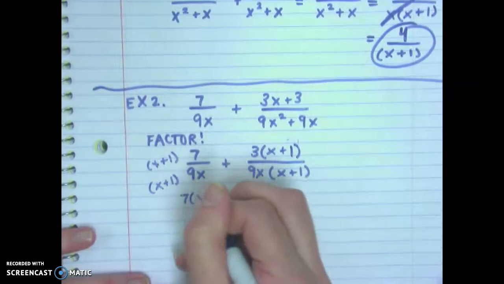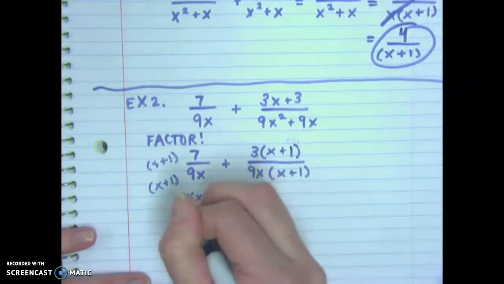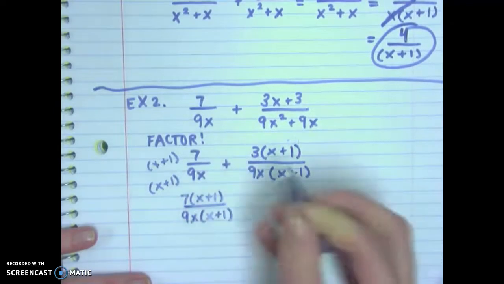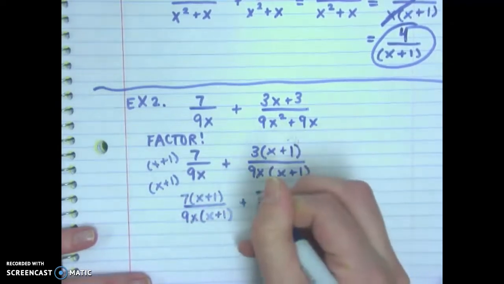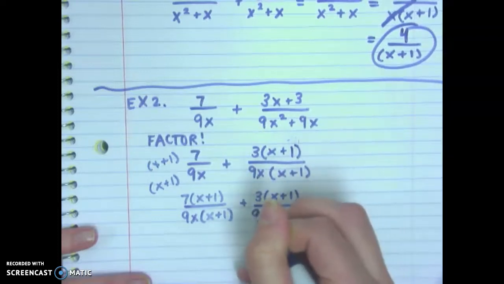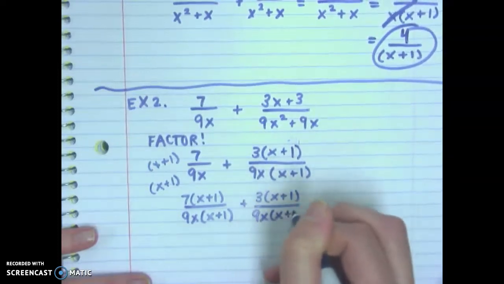So I have 7 times x plus 1 over 9x times x plus 1 plus 3 times x plus 1 over 9x times x plus 1.